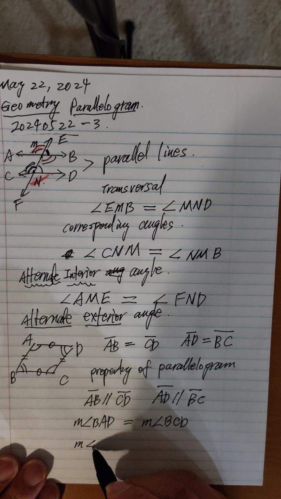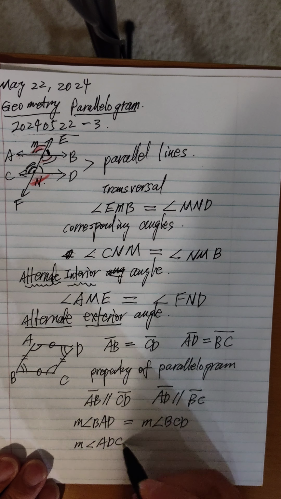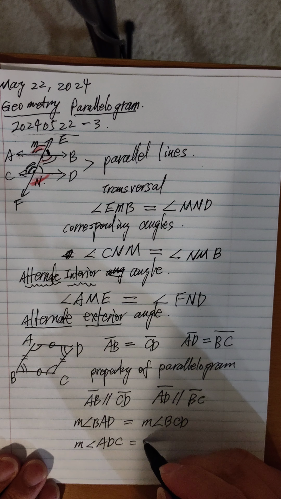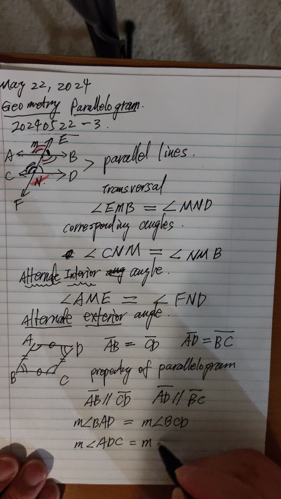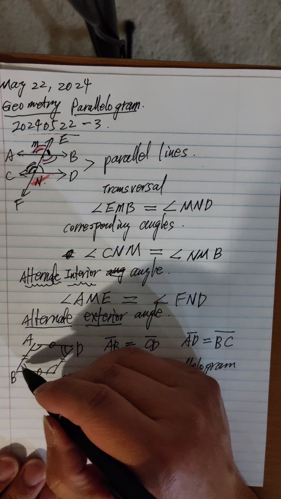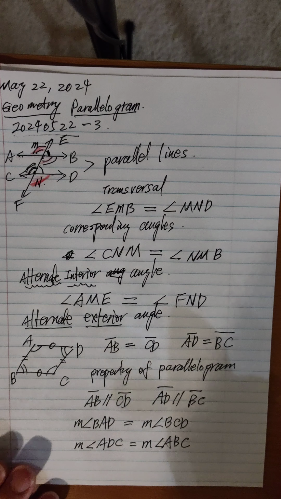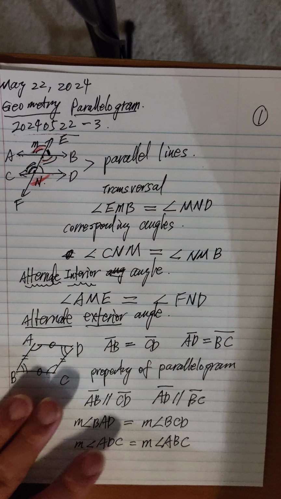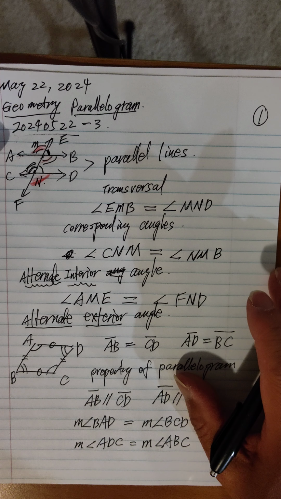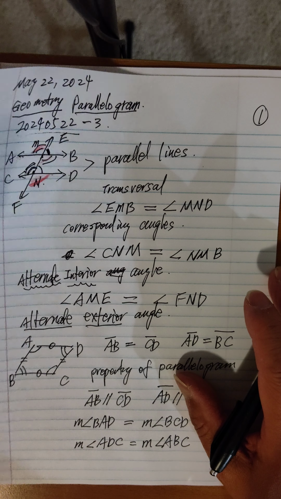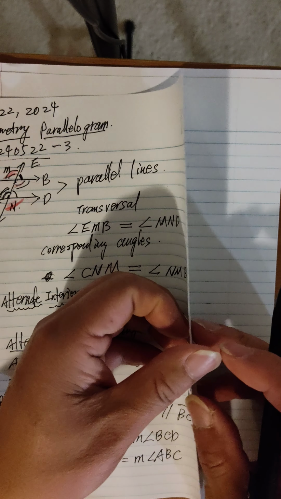The measure of angle ADC, the angle right here, is equal to the angle ABC, which is this angle right here. Knowing those properties is very important so that we can use them to actually solve some problems. Let me give you some examples.